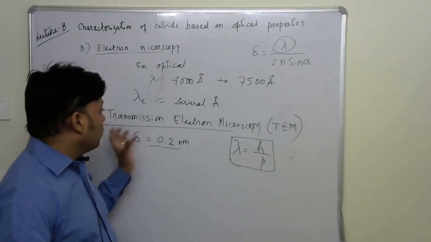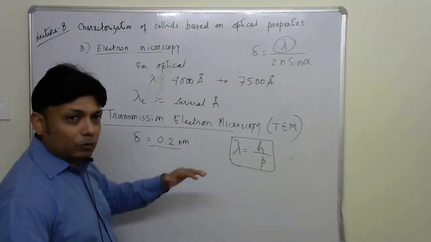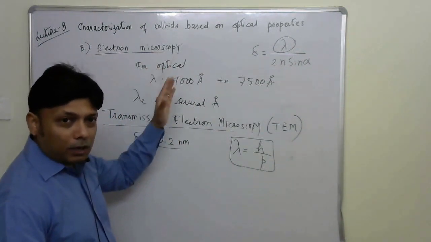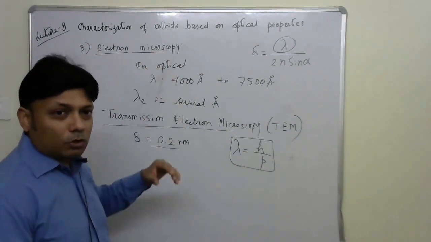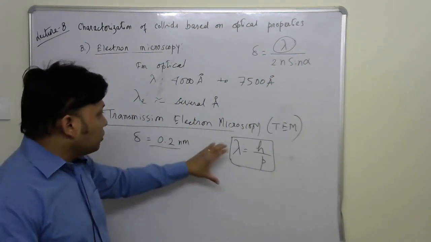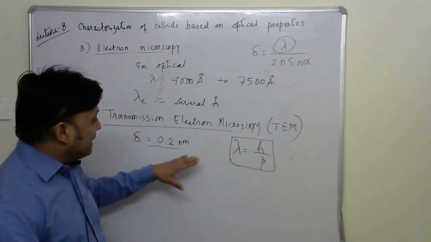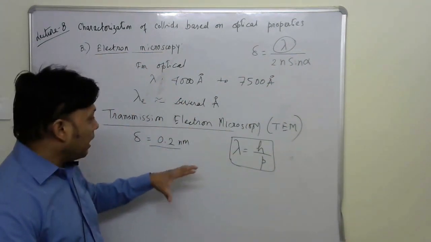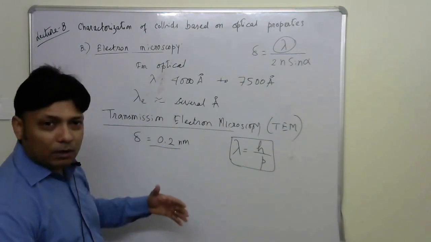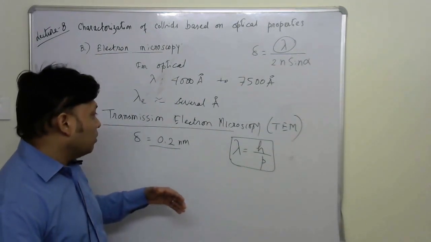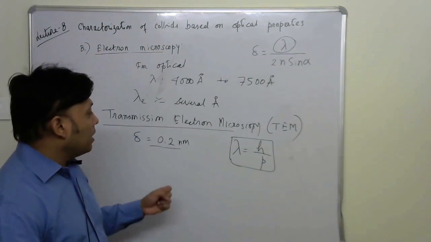So remember, we do not use optical lenses that we use for typical light microscopy or oil immersion microscopy. In transmission electron microscopy, the lenses that we use are basically electromagnetic coils, so basically electromagnets.